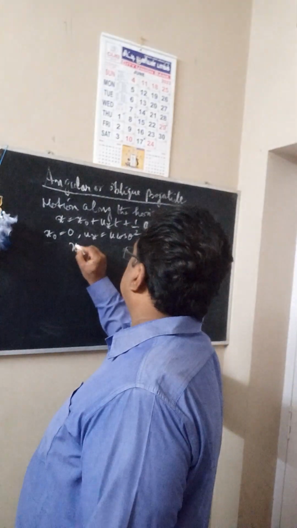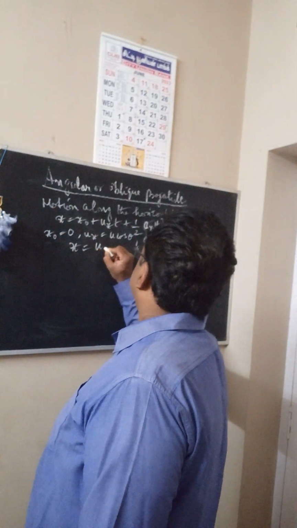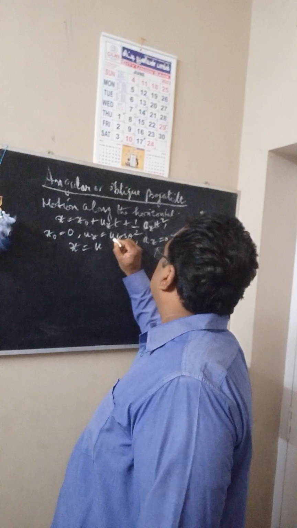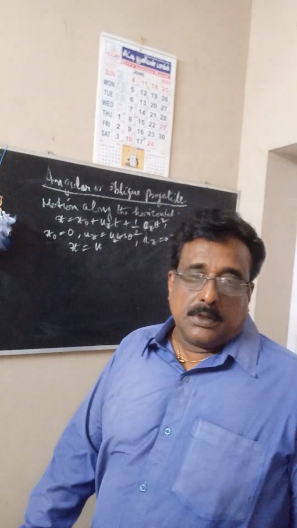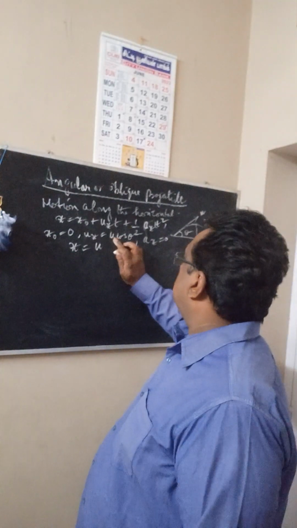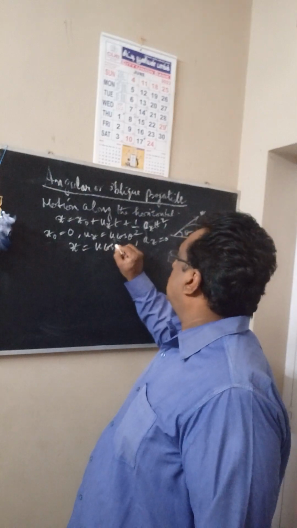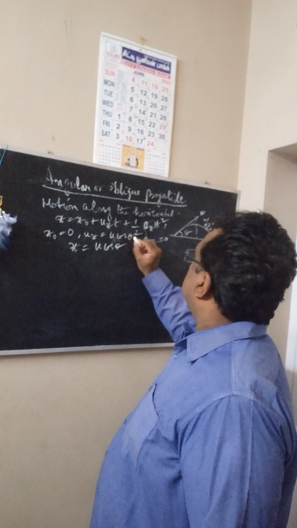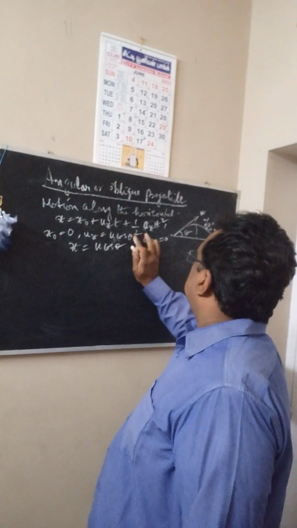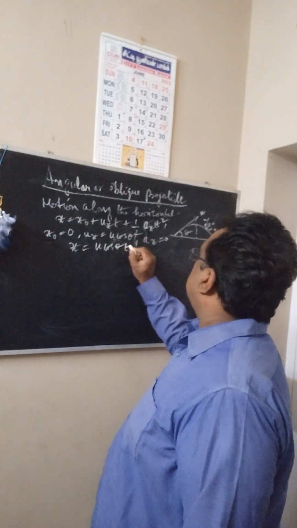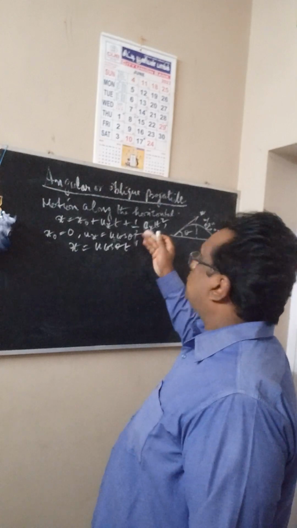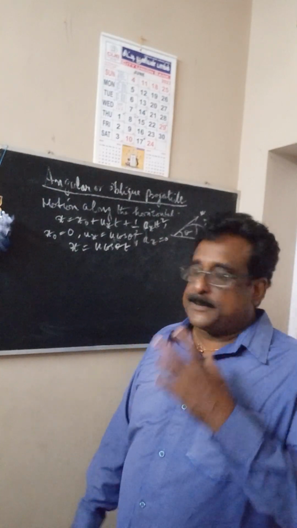So we get x is equal to u cos theta into t, plus half into 0 into t square, which becomes 0 because ax is 0.